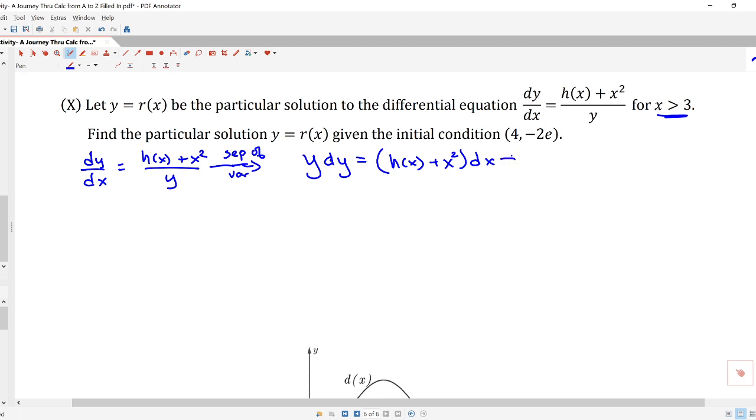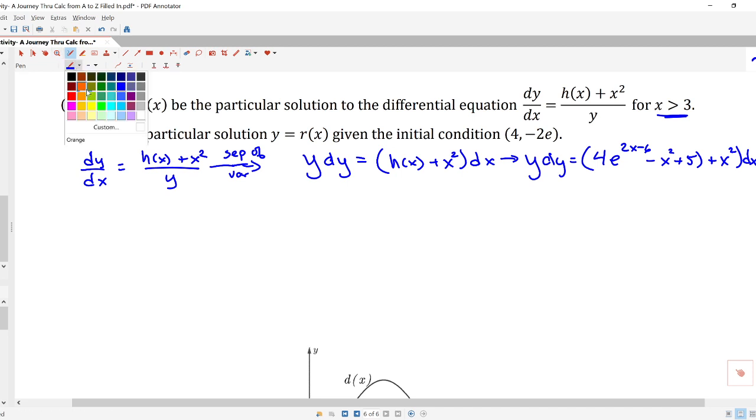All right, now what I'm going to do here is, at this point in time, substitute in my actual answers. I did substitute it, but I didn't do something that I'm now seeing that we can do. So we're going to substitute in h of x, which is 4e to the 2x minus 6 minus x squared plus 5, and then we're adding x squared to that, dx.